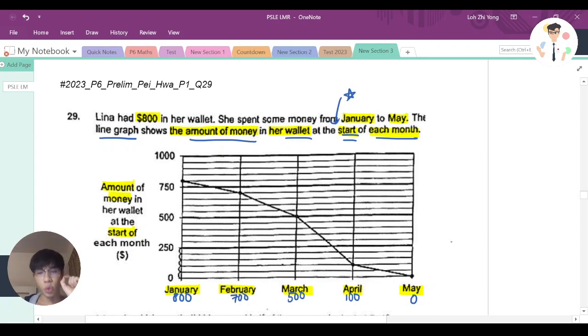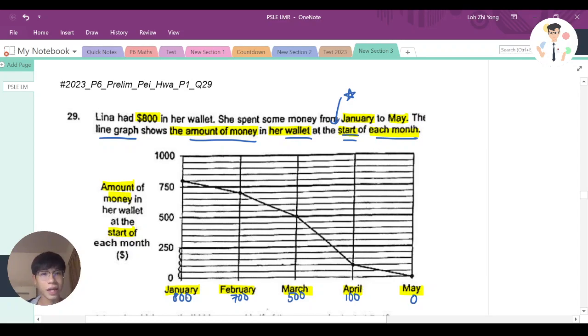Something to note is that when you identify the values in the graph, please make sure you double check, because if you identify wrongly here, the rest will be wrong. Okay, so double check: 800, 700, 500, 100, 0. Again, remember 800 is the start of each month. That means they have the money at the beginning.